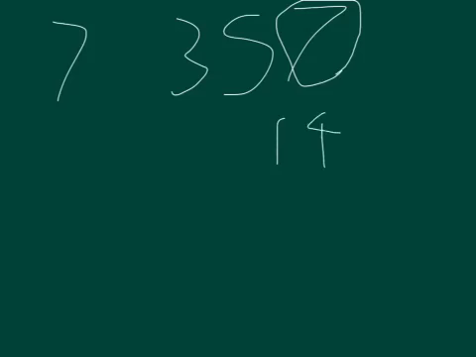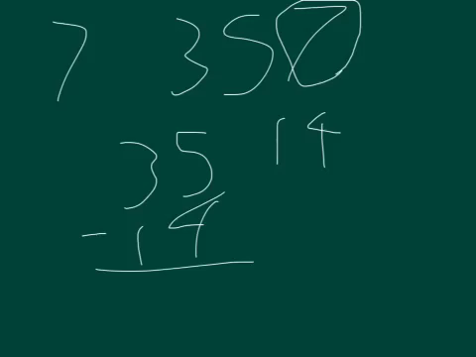So 14. You would take it away from the rest of the number, so you would do 35 minus 14, which would be 21. And 21 is divisible by 7, so 357 is divisible by 7.